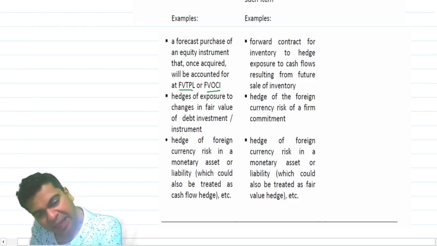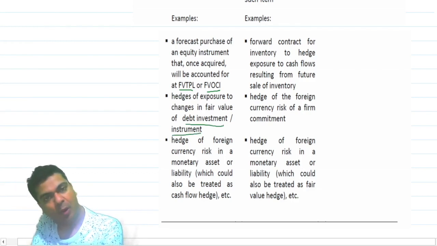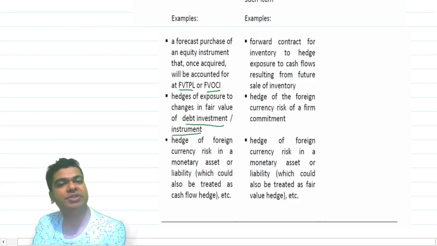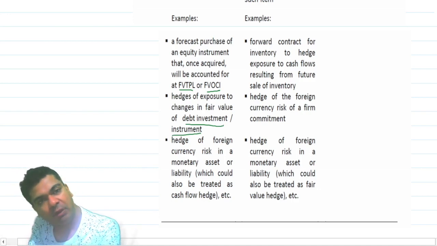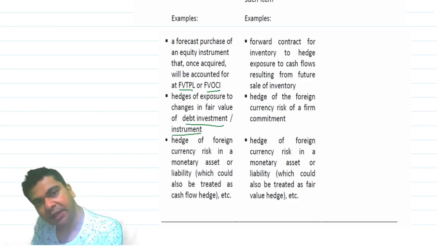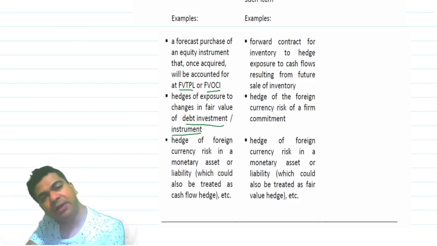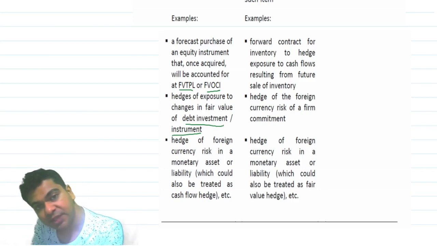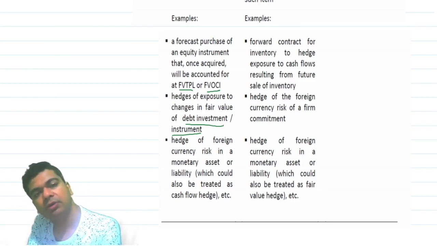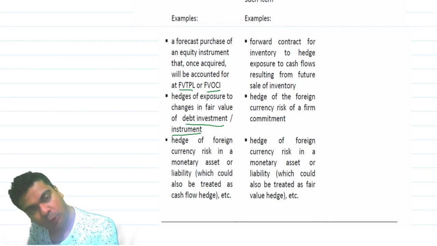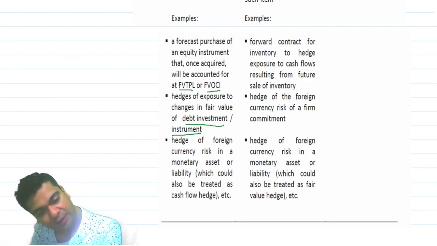Okay. Hedges of exposure to changes in fair value of debt investment or an instrument. Instead of investing in an equity instrument of another entity, I have invested in a debt instrument of another entity. And then I classify that as FVTPL or I classify that as FVOCI. I am a bit concerned about the fair value changes and hence I want to do a hedge. This will be a fair value hedge.